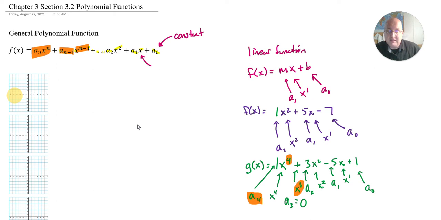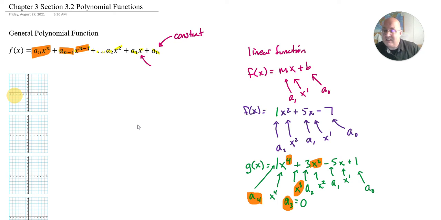Well, sort of. We say there is an x to the third power term, but the coefficient a sub 3 was 0. So if there's an x to the fourth, there has to be a slot for x to the third power, even if the coefficient is 0. And then there has to be a slot for the next number down, x squared.